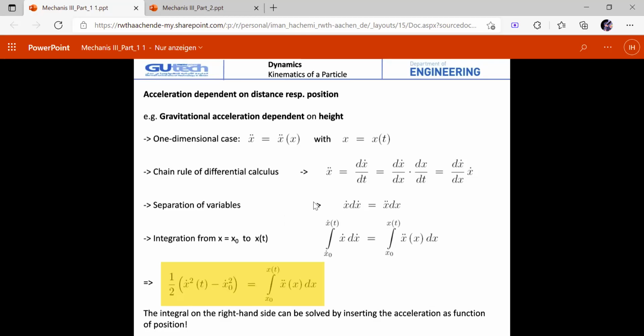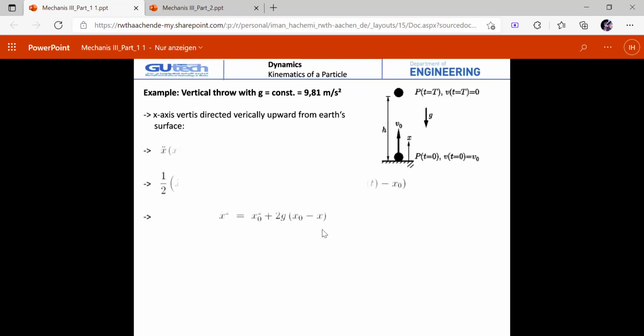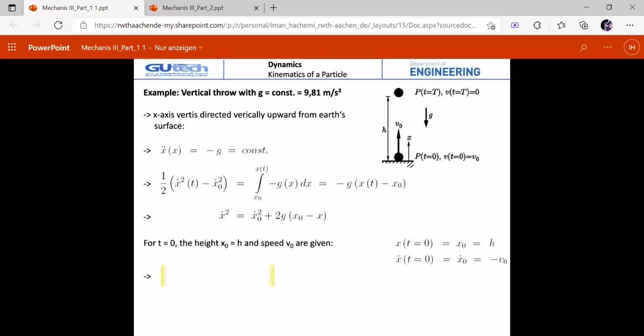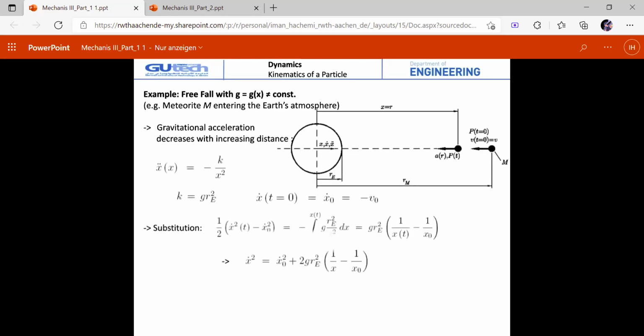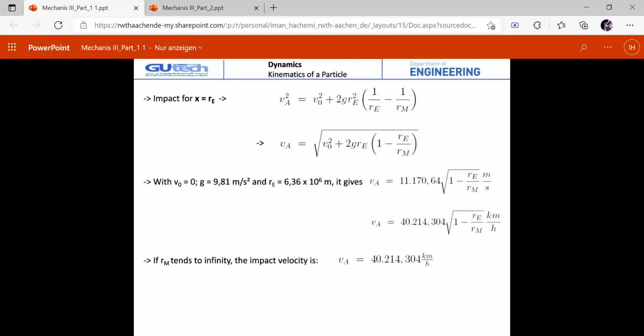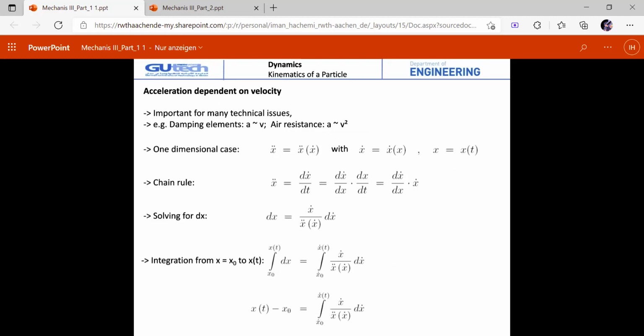This gives the relationship between the acceleration, which depends on the position, and the position, which depends on time.